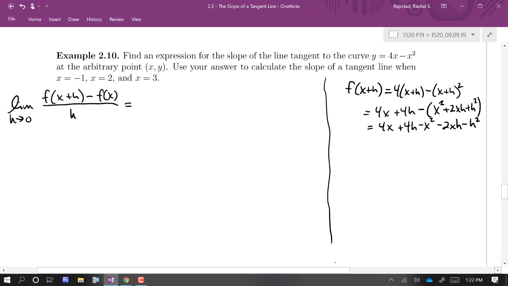So there's f of x plus h. If I wanted f of x plus h minus f of x, which is precisely what we want, then we'll just subtract f of x. And if I subtract f of x, that means I'm going to subtract 4x, and I'm going to add x squared.